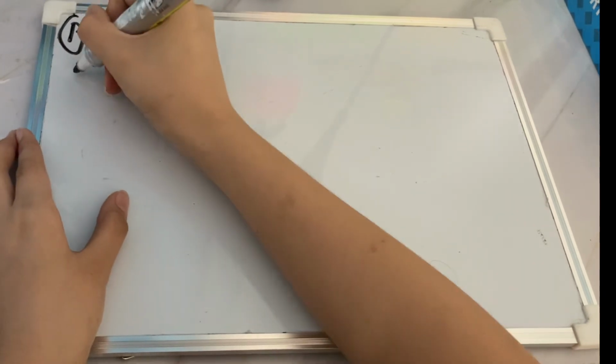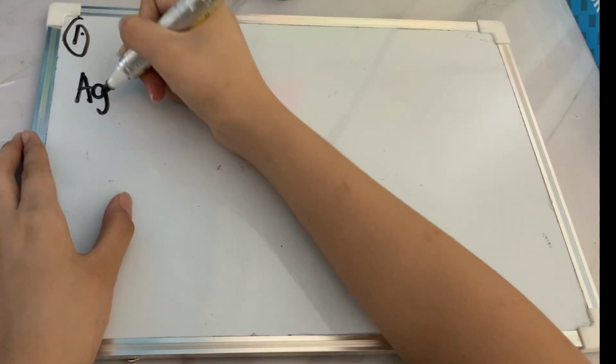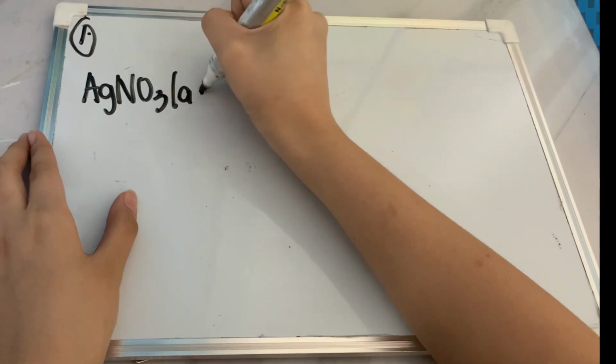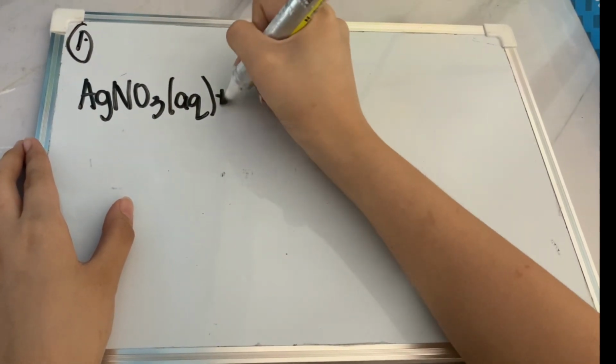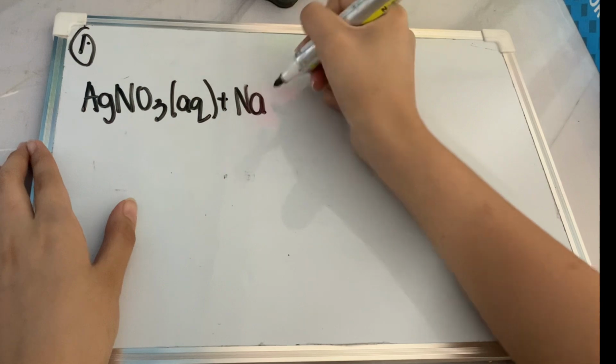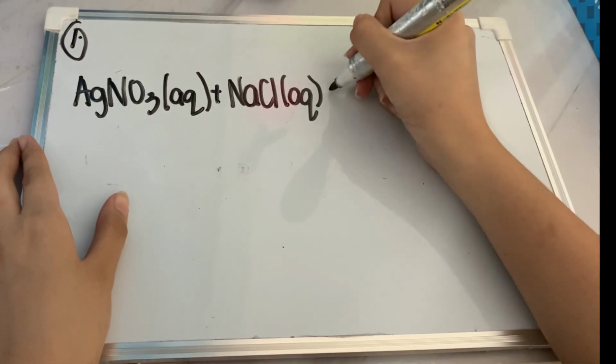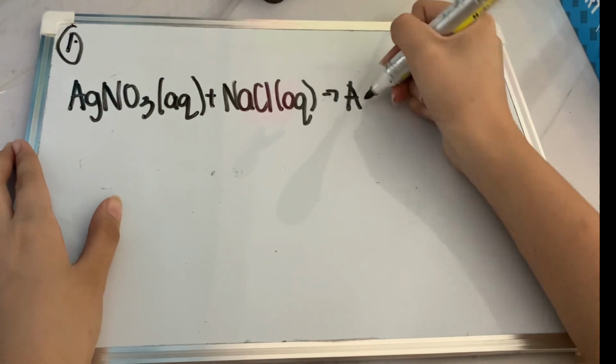The first step in solving is to first write the balanced molecular equation. So, AgNO3 plus NaCl reacts to AgCl plus NaNO3. As you can see, it is already a balanced equation.